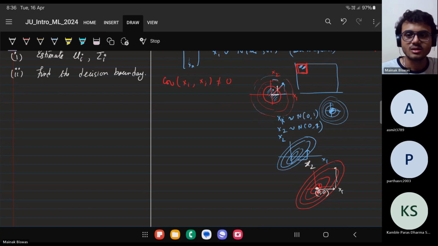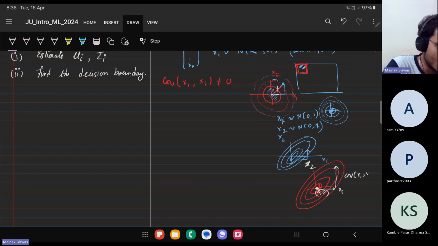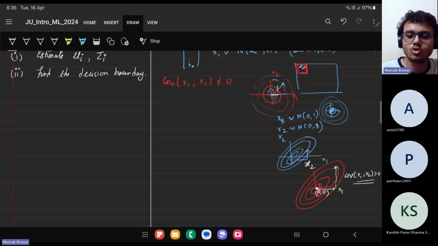So they have a positive covariance. Covariance of x1 comma x2 is greater than 0. You can just plot this in Python and see. Try to plot two normal distributions independently and plot it. And then give us the covariance matrix. We'll see what the covariance matrix is, and then you try and plot it.